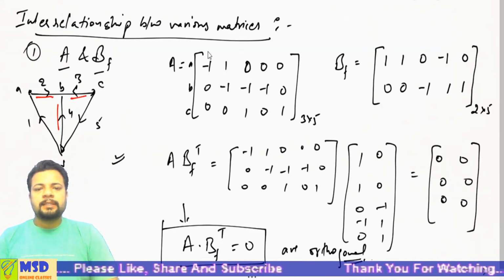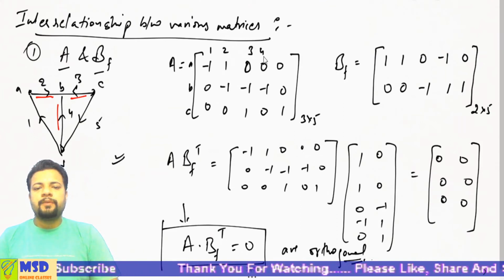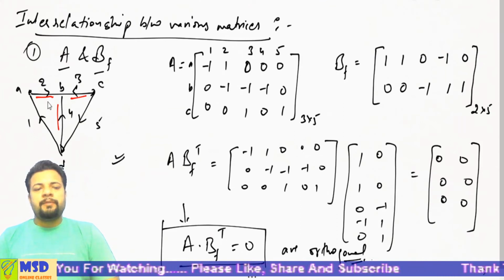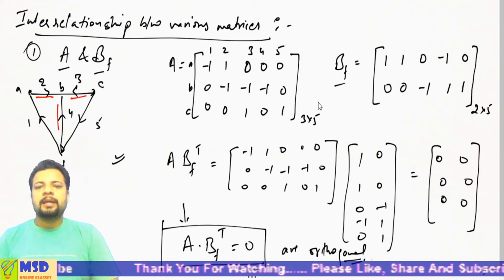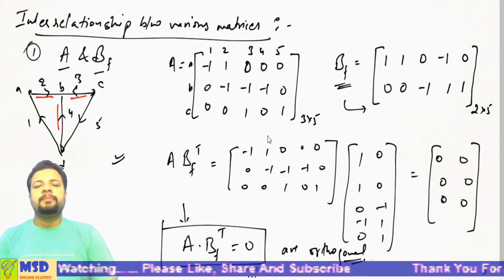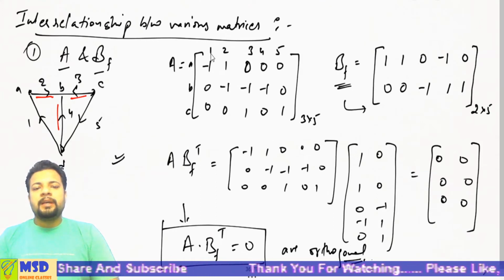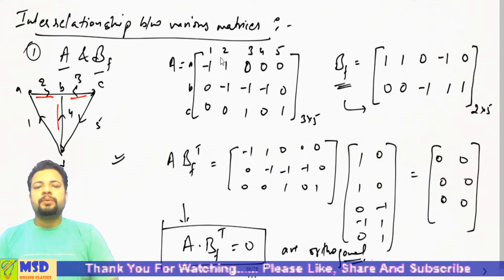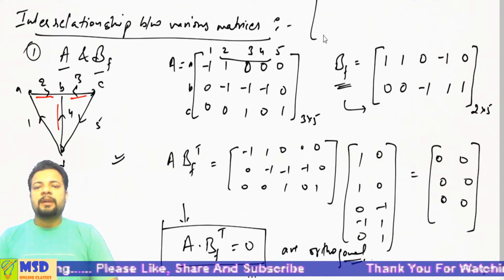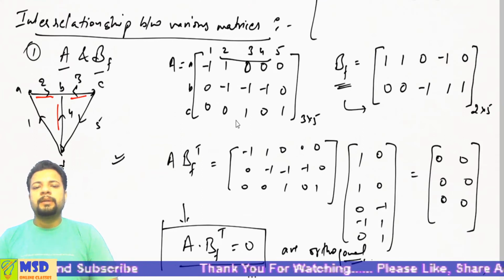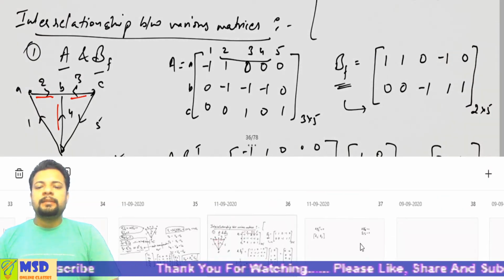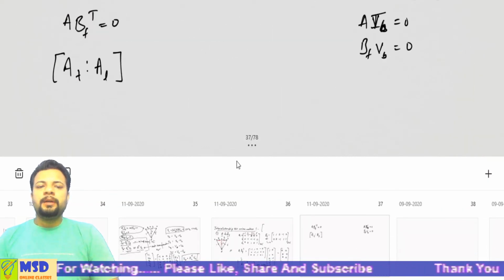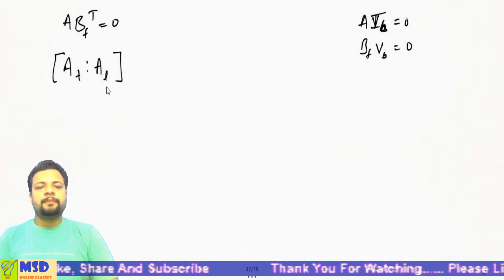Here in this case, this is branch number 1, 2, 3, 4 and 5. While developing the BF matrix, we have selected 2, 3, 4 as a tree. Now if I rearrange this matrix in such a way that 2, 3, 4, these twigs, are the first three columns of your matrix, and the remaining 1 and 5, these links, are the last two columns, then I can write the matrix A in such a way.